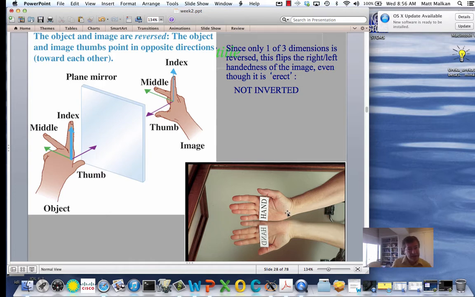Suppose, for example, that I put my left hand in front of a mirror here. This is someone's left hand here, obviously. And we try to draw all three of the spatial directions here with our left hand.